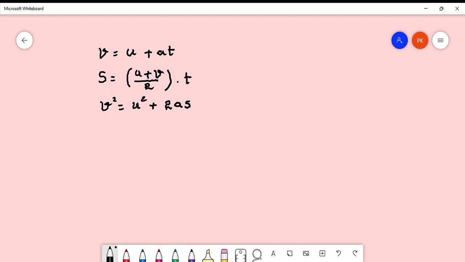And S is equal to UT plus half AT square, which is the relationship between the displacement in terms of the initial velocity, time and acceleration.